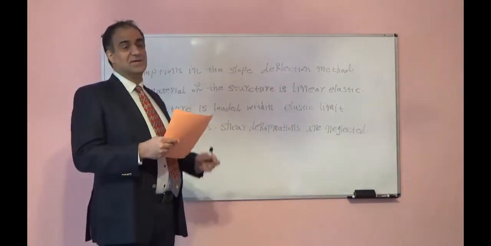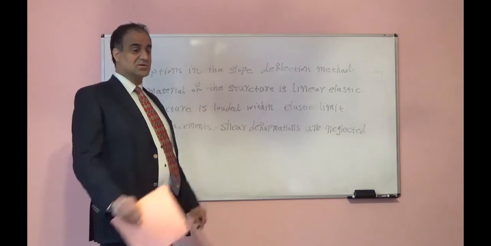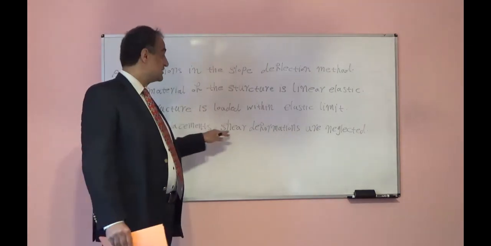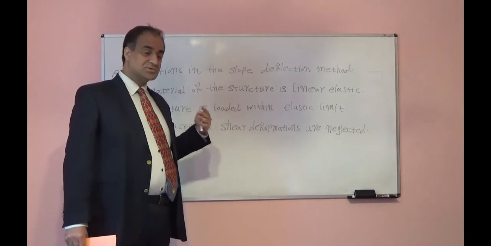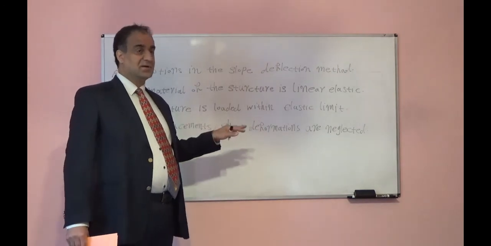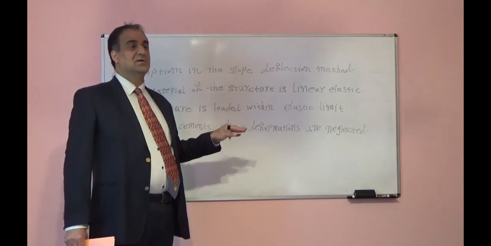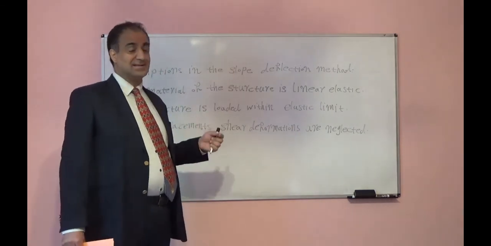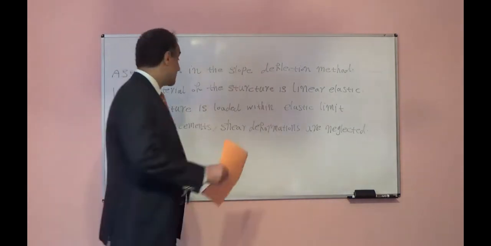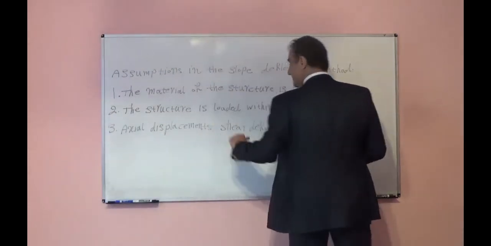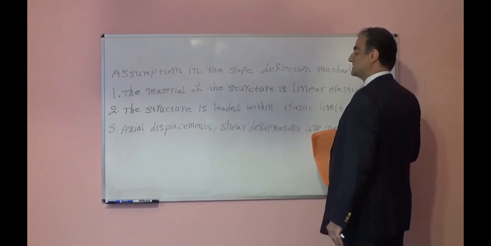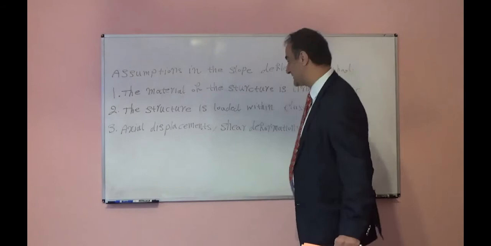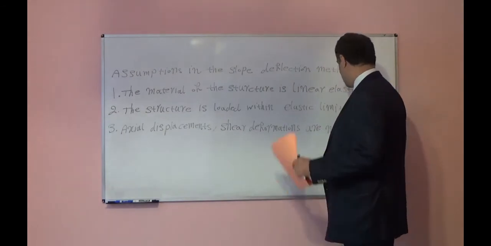In reality, we have axial deformation, but if we compare the axial deformation or shear deformation, in most cases, with flexural or bending moment deformation, they are small, so we can neglect. But in some cases, we cannot neglect. But here, in order to find the slope deflection equation, we should make this assumption: axial displacement and shear deformations are neglected.